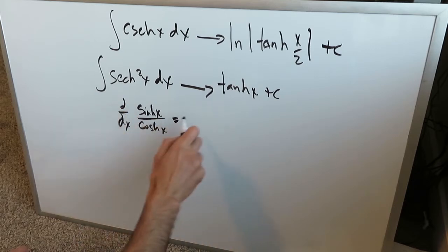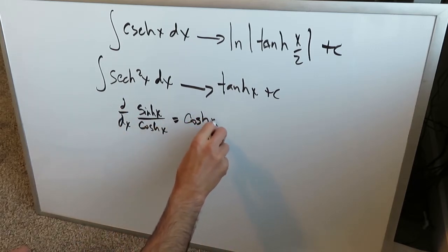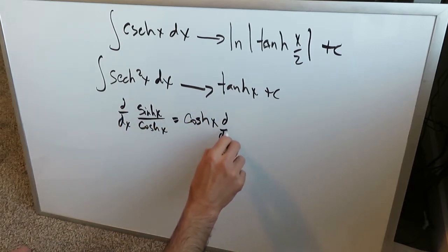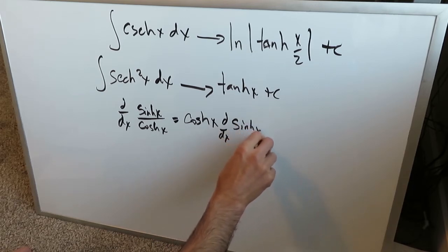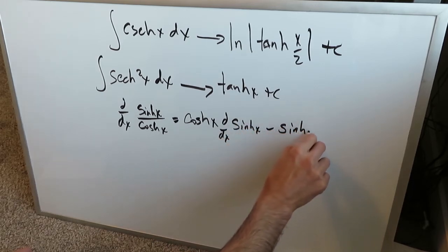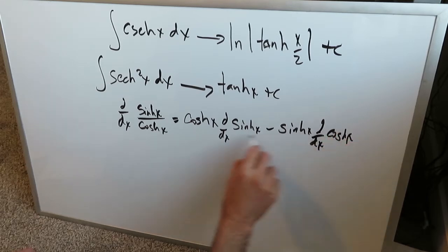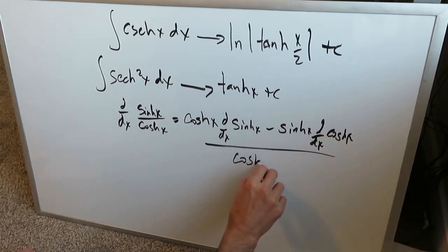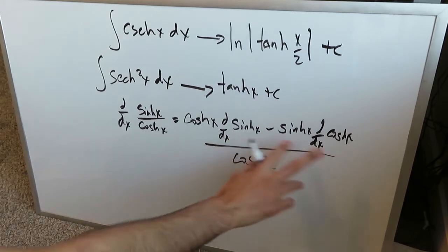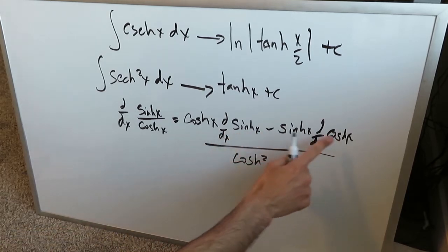G function, f function, you do the g function multiplied by the derivative of the f function, right? And then you do the f function multiplied by the derivative of the g function over the g function squared. This part right here in the numerator is easy because the derivatives of these are very easy.